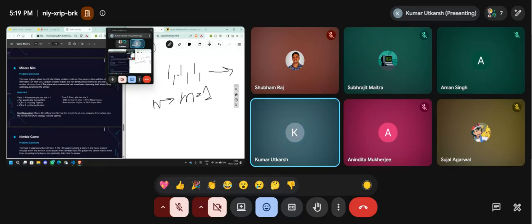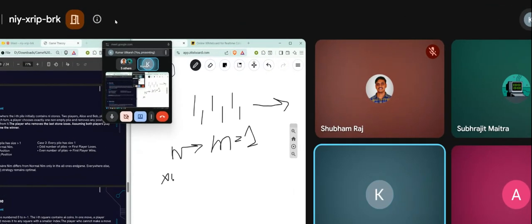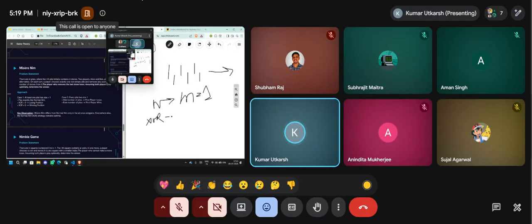So here what happens is if we have an XOR sum of 0, we can always mirror and still B wins, except for a special case where m is equal to 1.